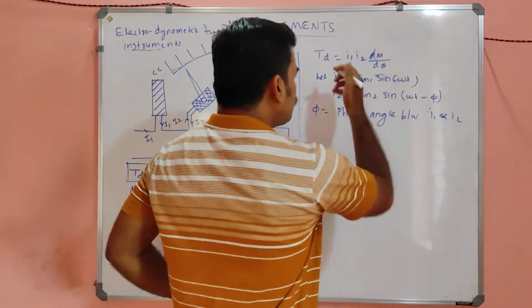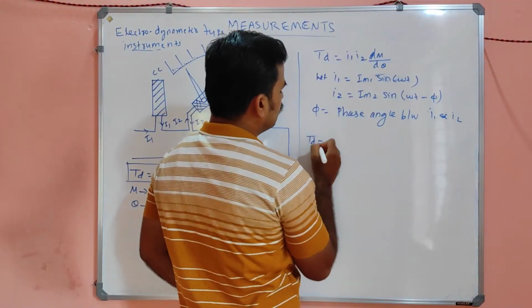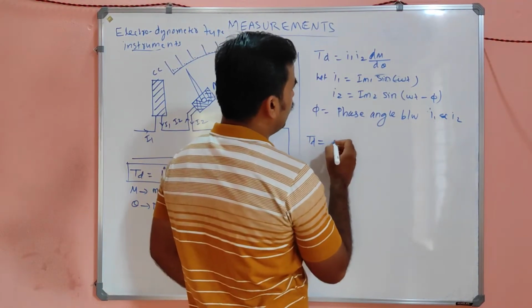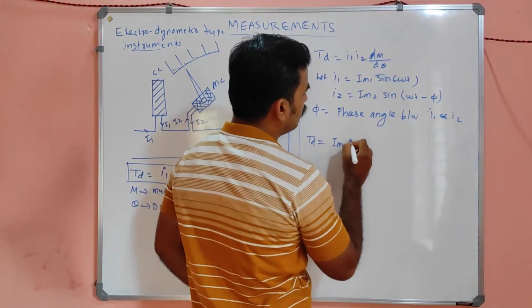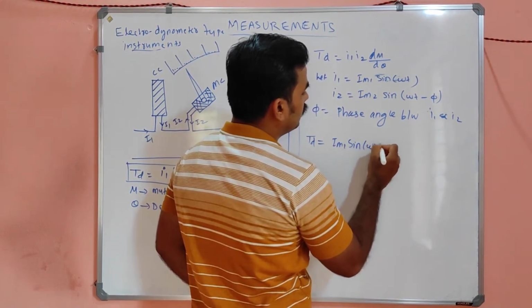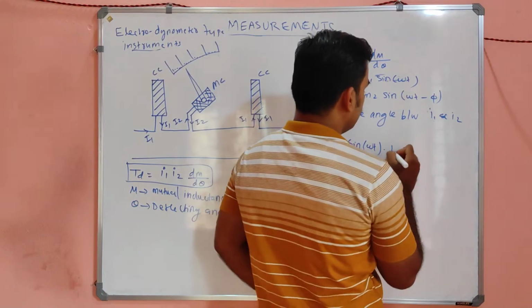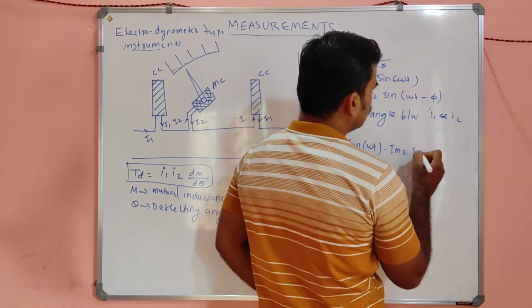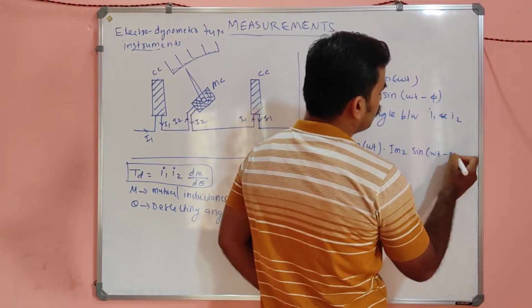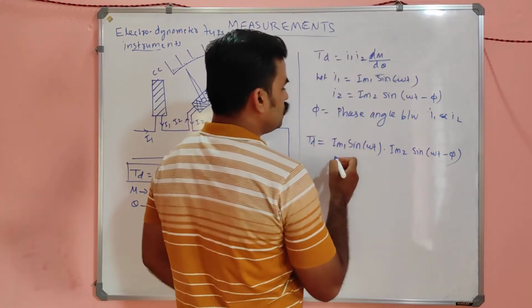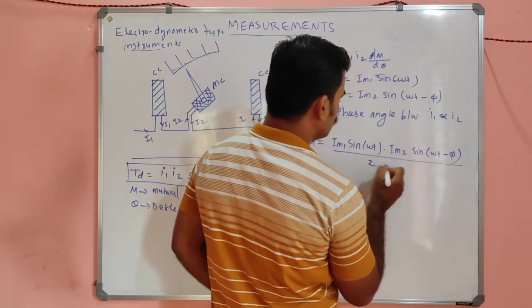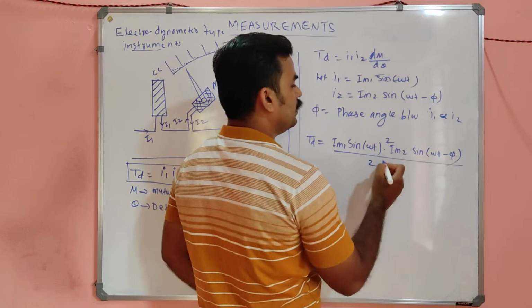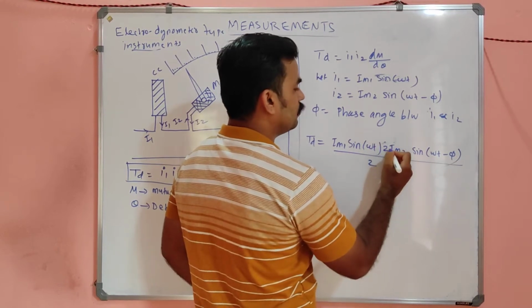Okay, so substitute this in TD. So TD will be equal to what, my dears? I1 is Im1 sine omega t, and I2 is Im2 sine of omega t minus phi. I am going to multiply and divide by 2. Is there any problem?